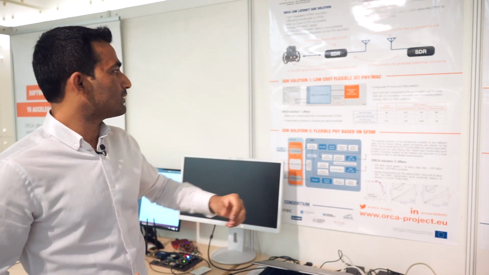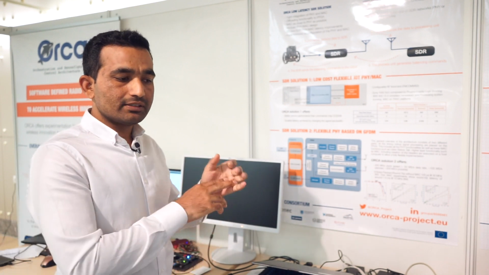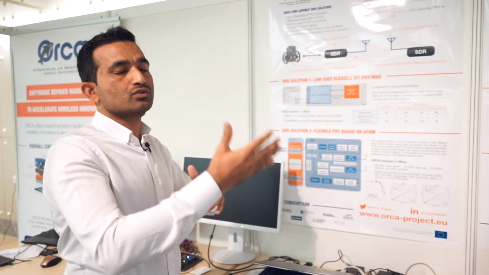The third main thing that we have done to improve latency is our front end. Our system operates in time division duplex mode, so you have to switch from RX to TX and TX to RX. While switching, you have to spend some time, and that time is very critical in time critical applications.